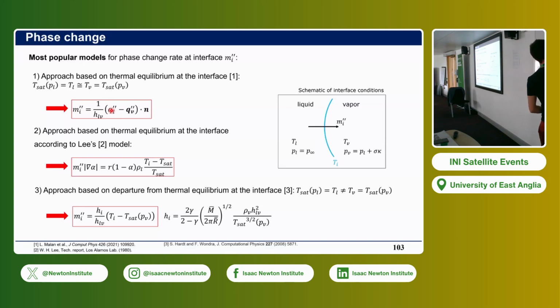But the Fourier equation tells you that it'll be something like this. The heat flux is not a divergence, it's a gradient of temperature. So if you use method 1, these heat fluxes need to be calculated on either side of the interface.